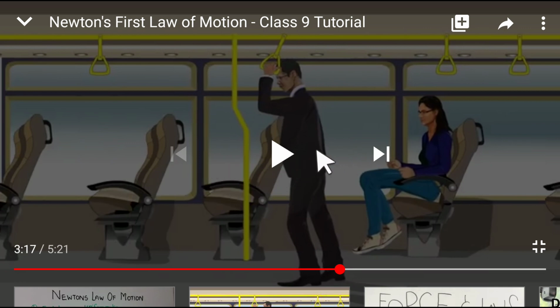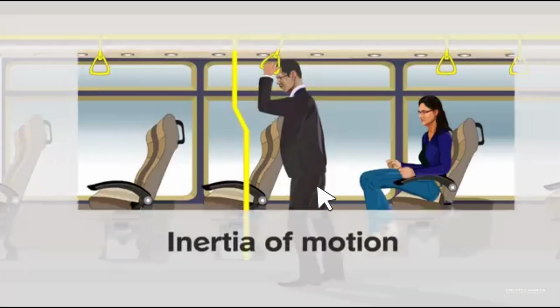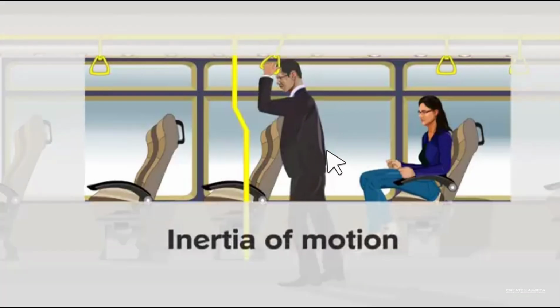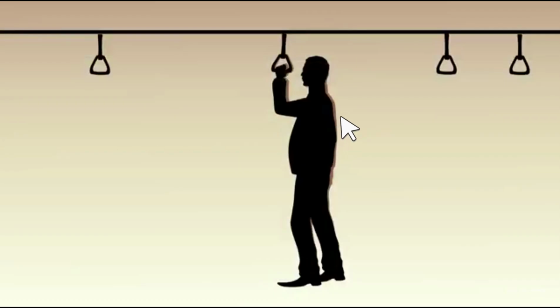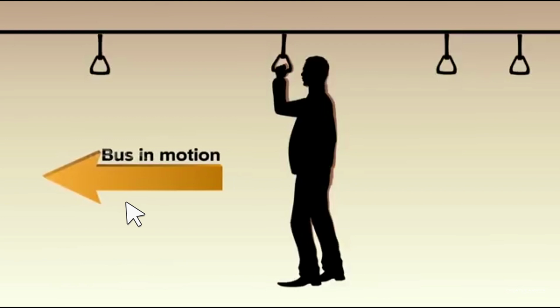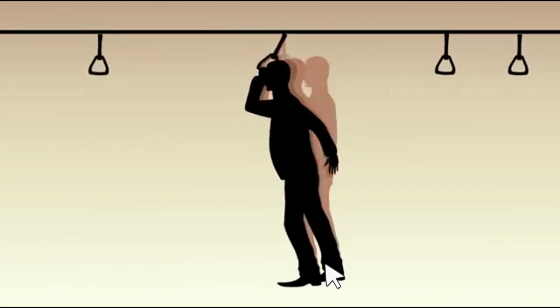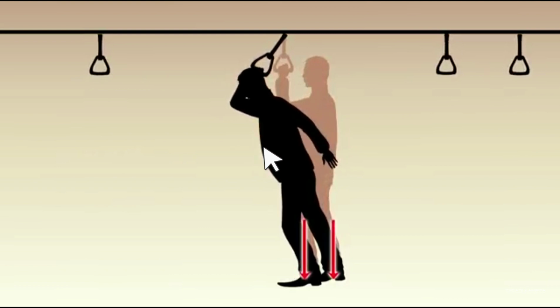As a result, the person fell forward. So, this is also inertia of motion. You may not need to remember the names of the types. When the bus is in motion, the feet are also in motion, and when it stops, the person due to inertia will fall forward. You can see how much difference is there.